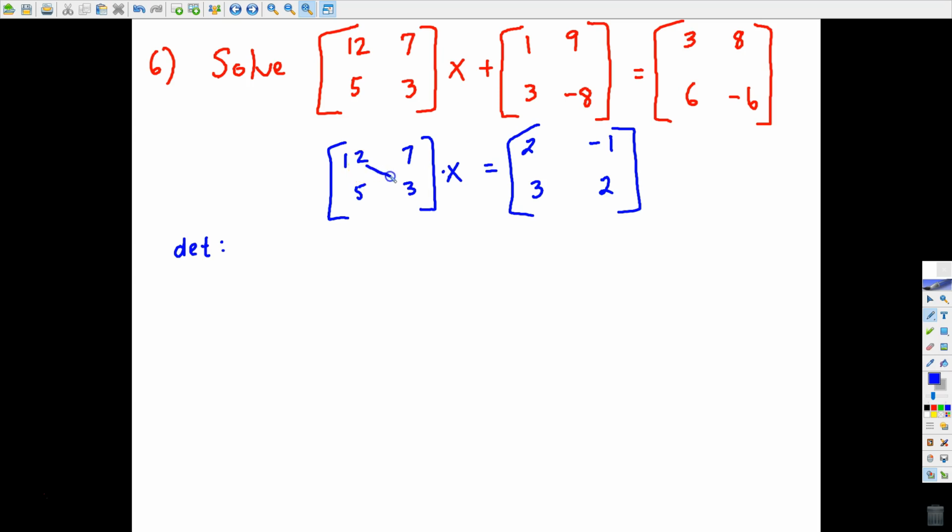I multiply this way first. We call this the A element and the D element. So 12 times 3 is 36. And then I'll subtract the product of the other two multiplied together, which is 35. So there is an inverse that exists. The determinant is 1. And here's how I find it.